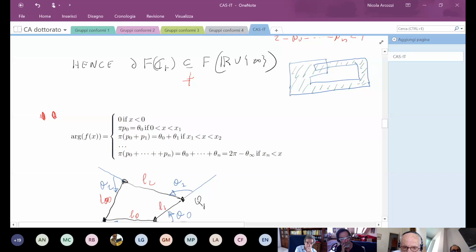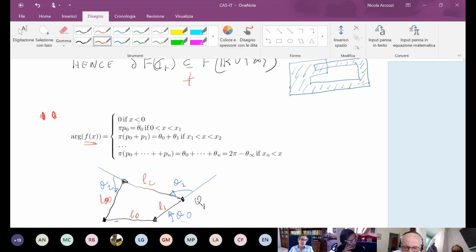Okay. So what about the arguments? The arguments of this integrand, right? When you consider the arguments, let me make a picture.